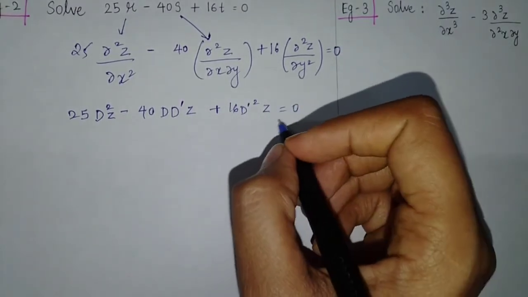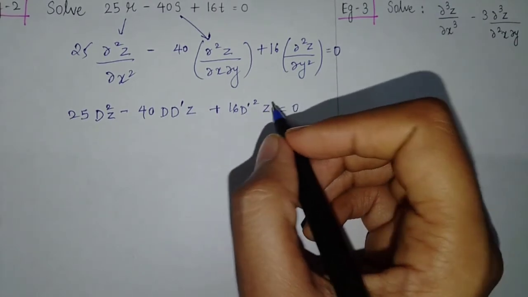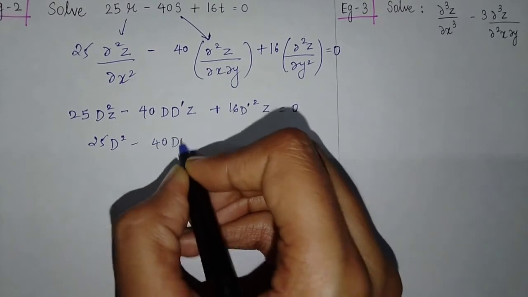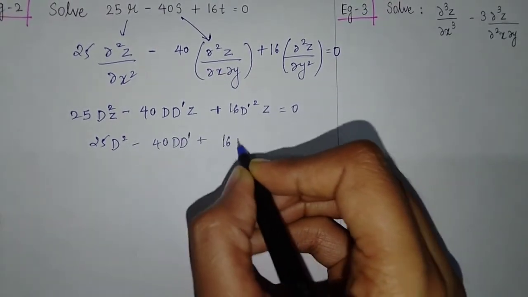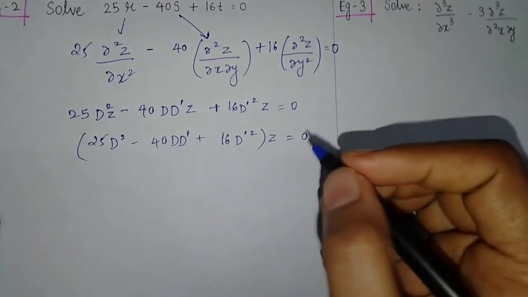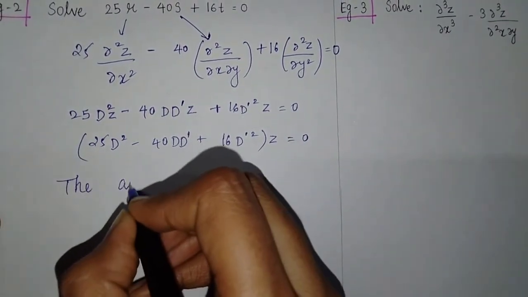Okay, similar to the previous example, if I take the z term common, then I will get (25 D square minus 40 D D dash plus 16 D dash square) z equal to 0, and from that I will get the auxiliary equation.